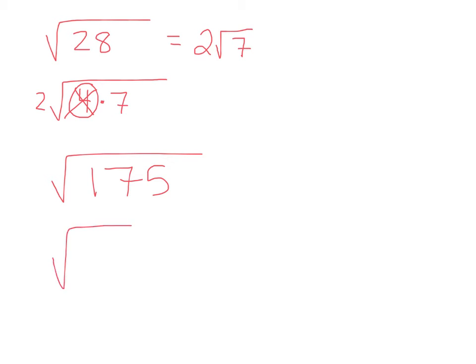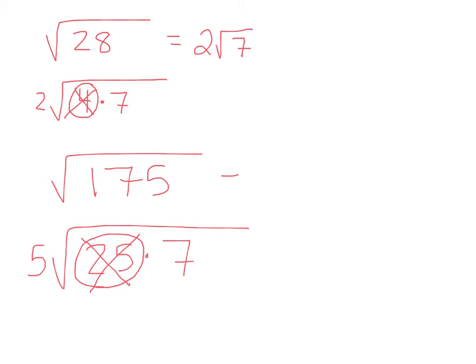So it's the same thing as the square root of 25 times 7, I think. 25 times 4 is 100, times 3 more, yeah, it's 175. And I can see that 25 is a perfect square. What's the square root of 25? It's 5, so I can take it out of there and I can put a 5 on the outside. So the square root of 175 is the same thing as 5 square roots of 7.